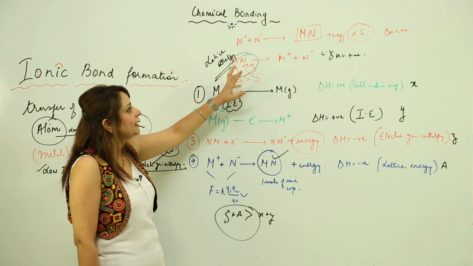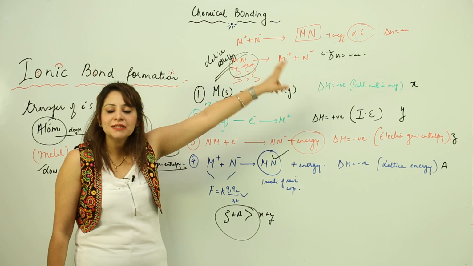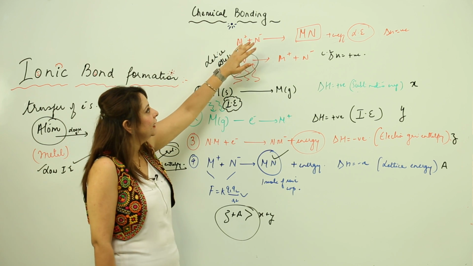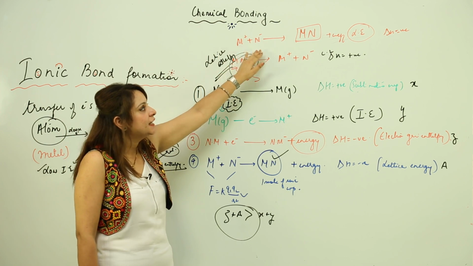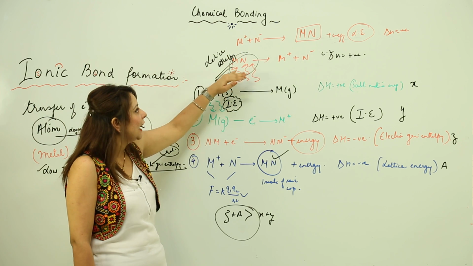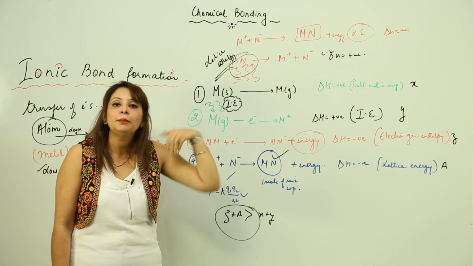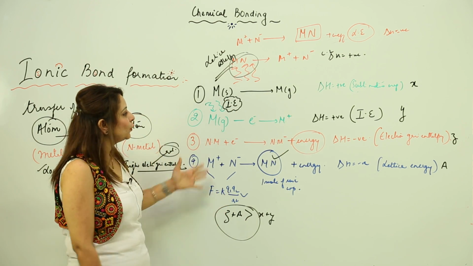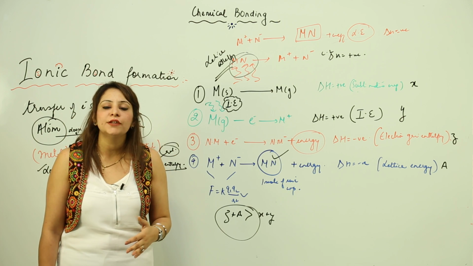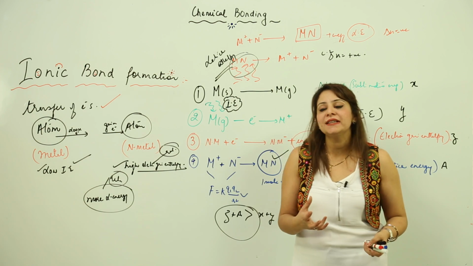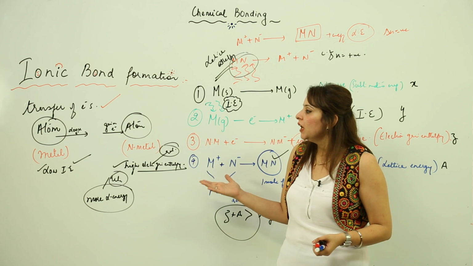So lattice energy has a negative delta H because it is being released, and lattice enthalpy is positive because you are supplying it with energy. So this is the ionic bond, and these are the factors that influence the formation of an ionic bond.